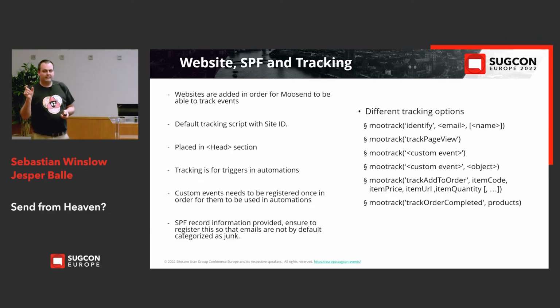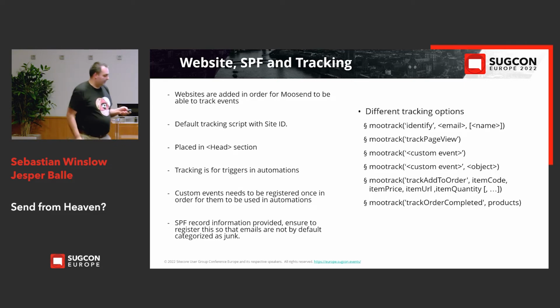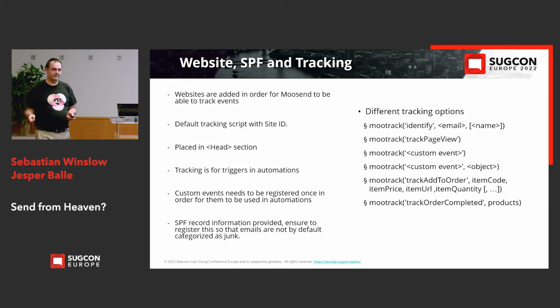But when you have done that, then for the rest of the session, that email will be the one acting on the site, right? So every time I afterwards do a moosend track page view, that would mean that this particular email has now seen this page. This particular email has now seen that page, and so forth.